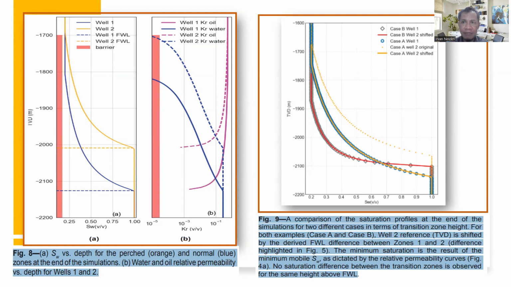The minimum saturation observed is determined by the minimum mobile water saturation, as influenced by the relative permeability curve. Interestingly, no difference in saturation is observed between the transition zones at the same height above the free water level.